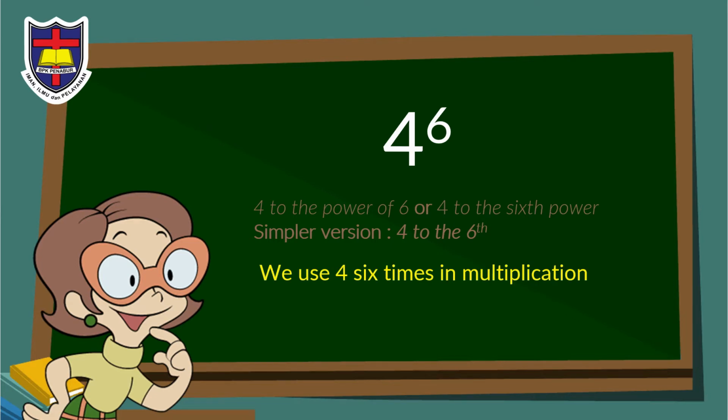It means we use 4 6 times in multiplication. 4 to the power of 6 equals 4 times 4 times 4 times 4 times 4 times 4. So we can conclude that if we write 4 to the power of 6, it's so much simpler than if we write 4 times 4 times 4 times 4 times 4 and times 4. So that's how we use exponent.